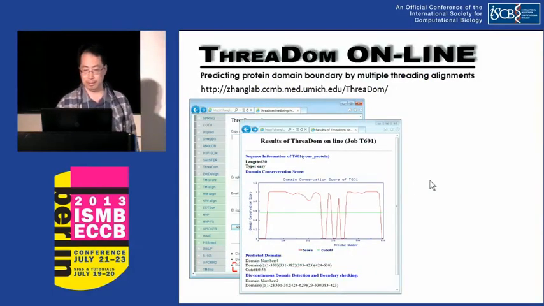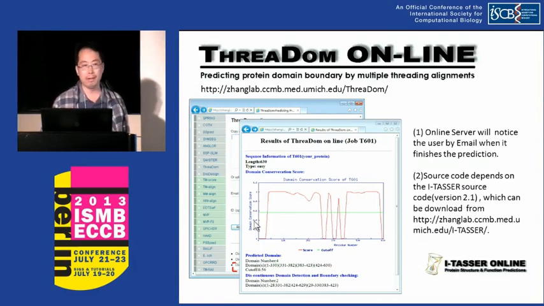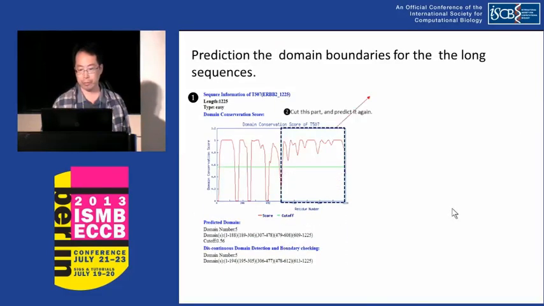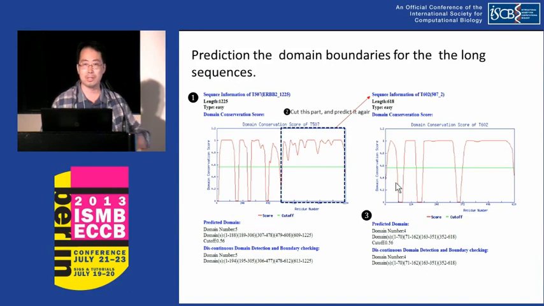ThreaDom, you can use it online or download the source code. This source code depends on Artisan 2.1. For a long sequence, the user can do this: if you find a low domain conservation score, you can cut this part and submit it again.